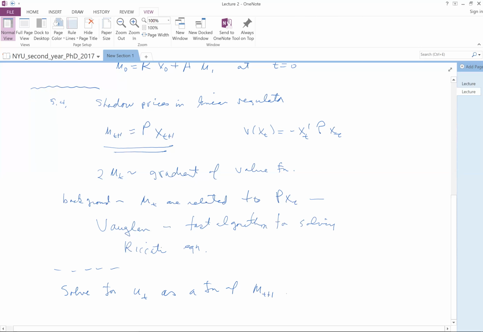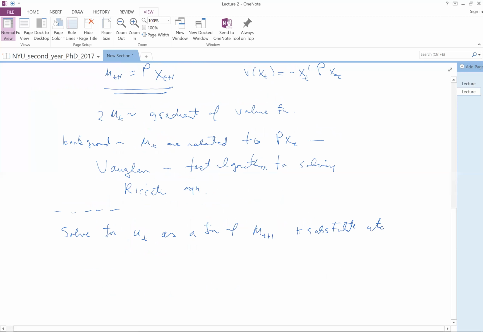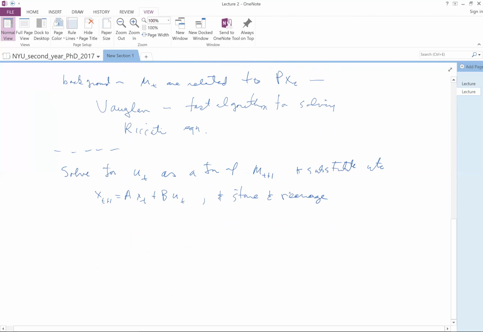That's going to be our strategy. And substitute into the law of motion and we're going to stare and rearrange. And we're going to get a beautiful system. It's going to be a first order system.